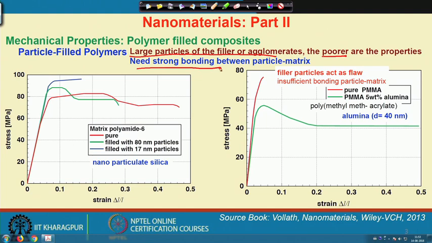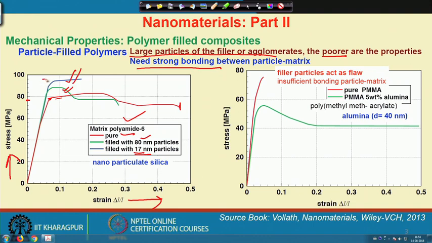Here I show you on the left-hand side a stress-strain plot of the matrix, that is polyamide 6. A pure polymer provides you such an 80 megapascal or less strength, with a larger strain, whereas if we fill it with 17 nanometer particles, we may get this kind of stress-strain plot, and if we put 18 nanometer, it will give you such a plot.